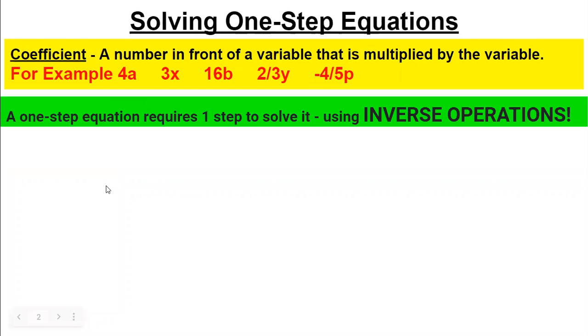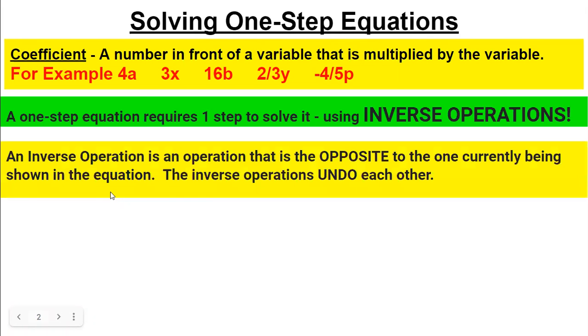A one-step equation requires one step to solve it using inverse operations. An inverse operation is the operation that is the opposite to the one currently being shown in the equation. The inverse operations undo each other. So they're the opposite. So if you're adding, you're going to subtract.